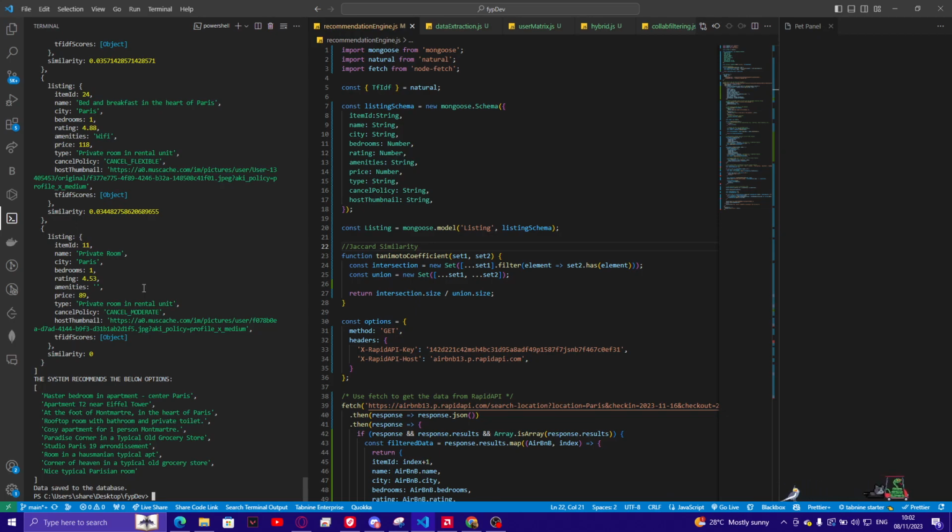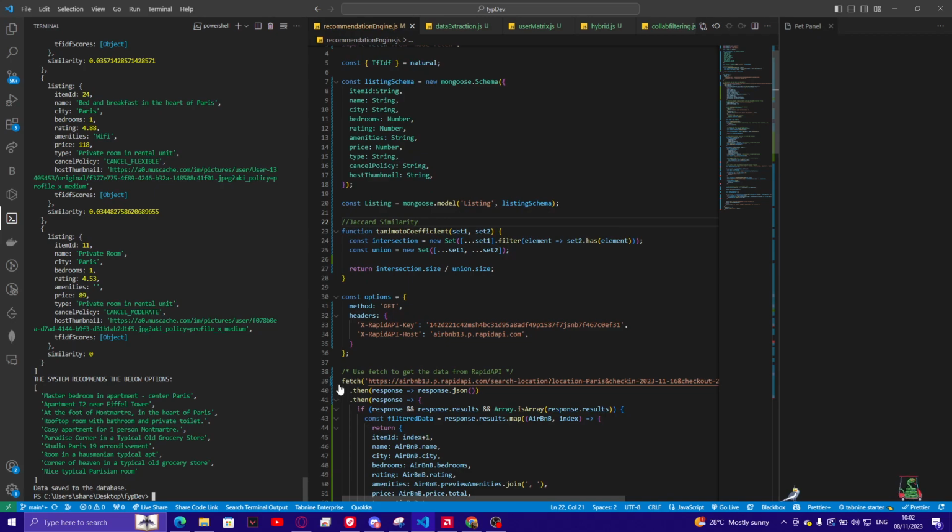Since I'm getting my data from the API, as per this fetch function, I'm fetching data from the Airbnb 13 API, right? So it prints out the set of listings that are relevant to the data, and at the end it gives the top 10 recommendations, which means the system recommends the below options.